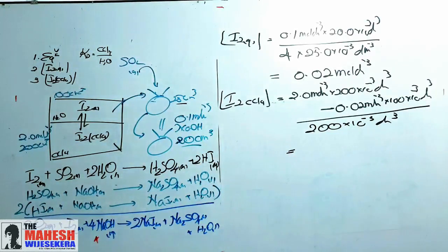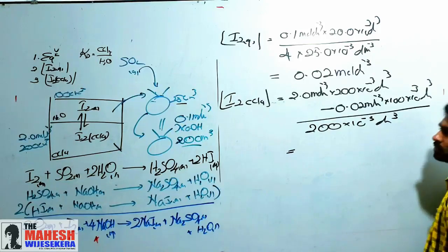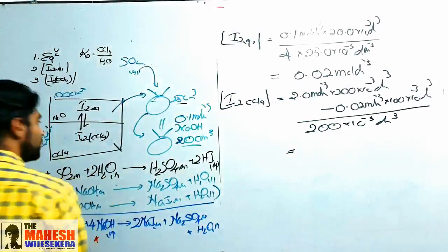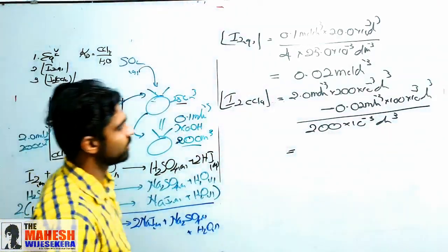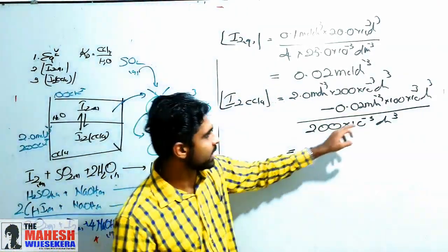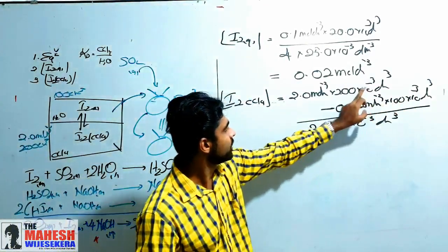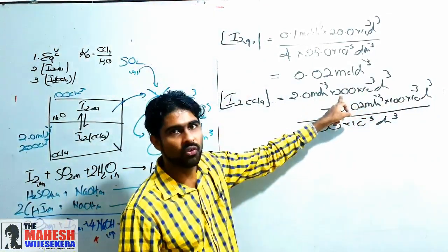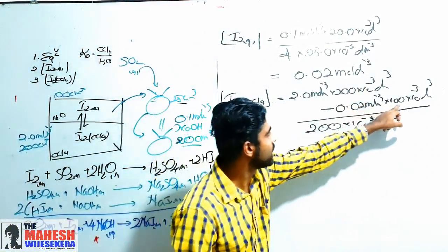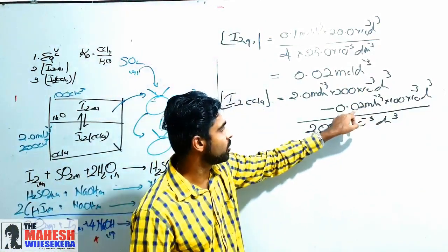So you can do a simple thing now. 100 into 10 to the power minus 3 cancels out from everywhere. So only 2 remains. This is 2 into 2, which is 4. When that 100 cancels out, this is 0.02.